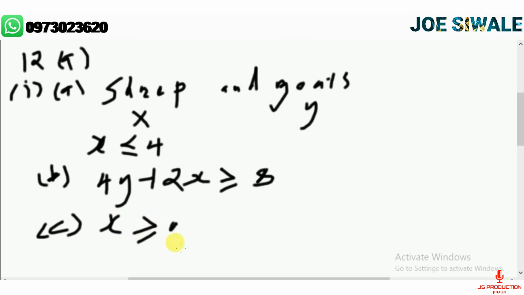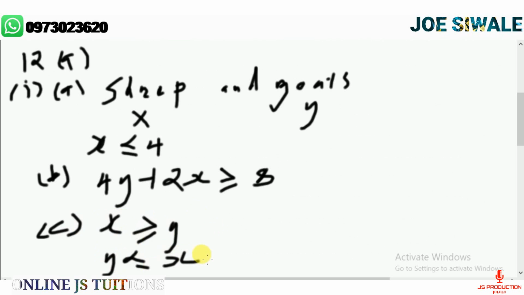So that is going to be greater than or equal to y, and you can write it in this form, y is less than or equal to x. So that means that we have answered Roman numeral 1, A, B, and C.